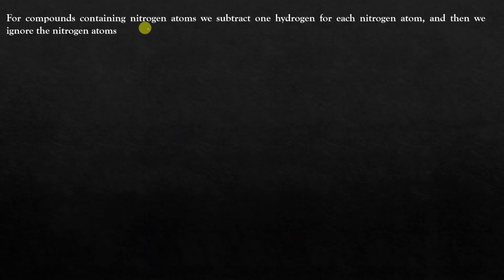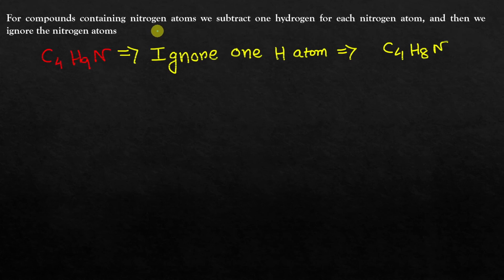Now for compounds containing a nitrogen atom, what is the way to determine the IHD? In that case we have to subtract 1 hydrogen for each nitrogen atom, and then ignore the nitrogen atom. Let's see how you could calculate the IHD for this compound. As this compound contains only 1 nitrogen atom, we subtract 1 hydrogen atom.